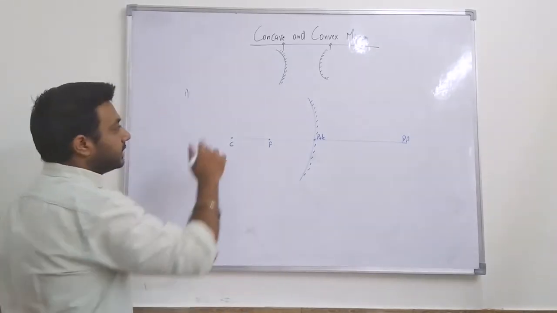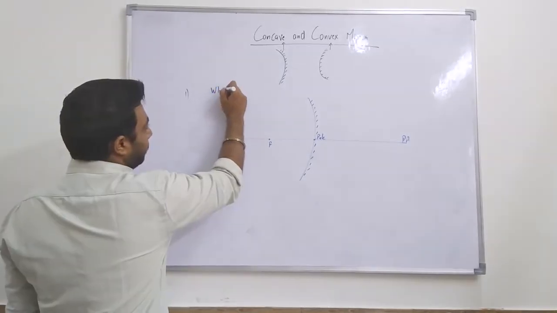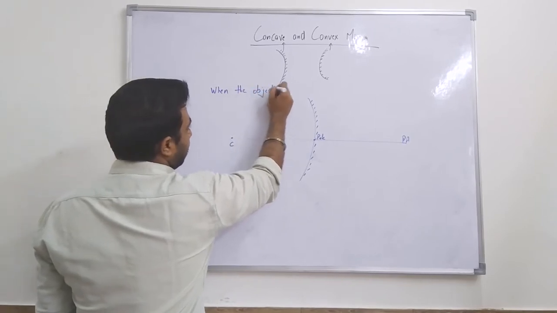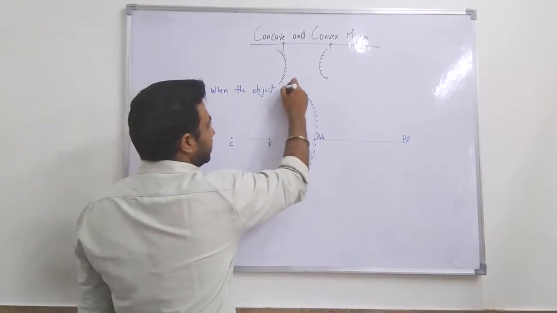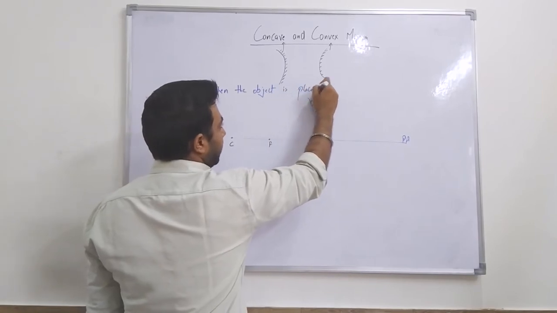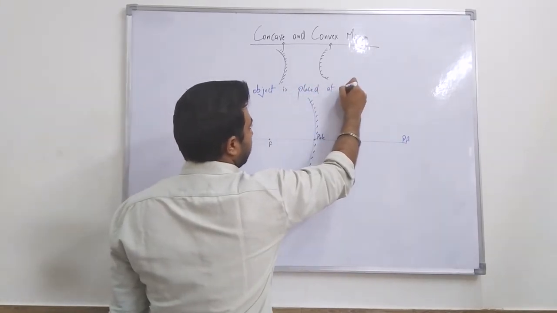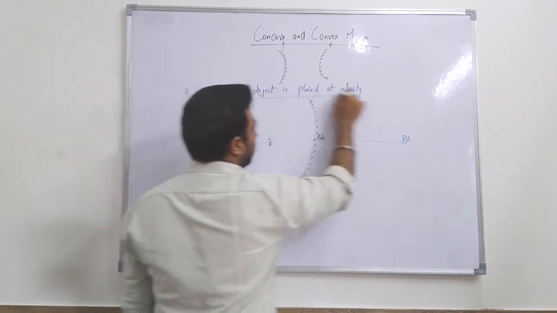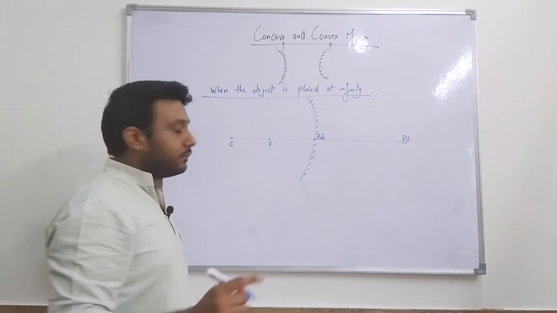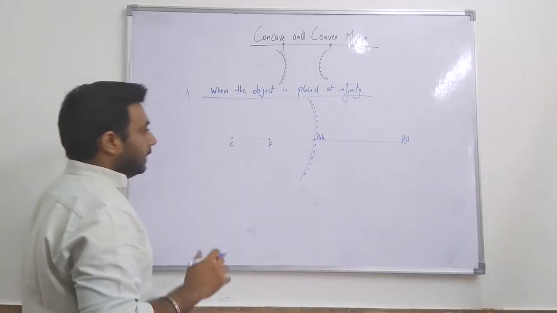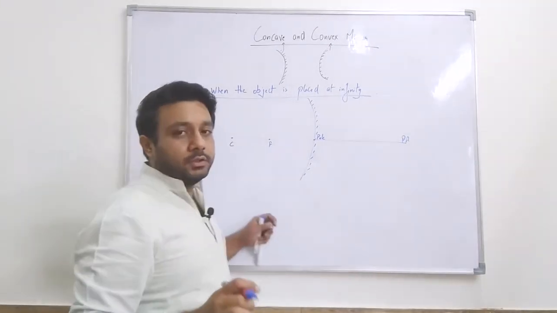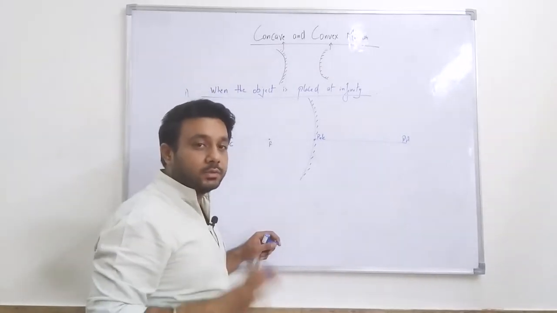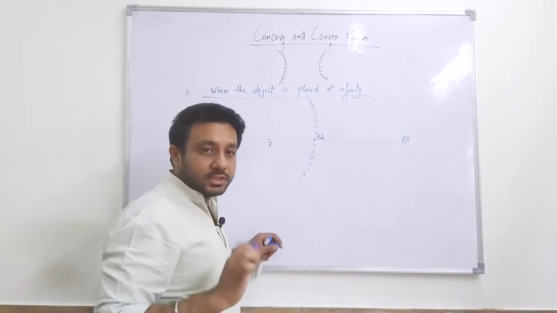Okay, now the first case is when the object is placed at infinity, far away from the mirror. Okay, we know that if the object is placed at infinity, the rays will come parallel to each other.